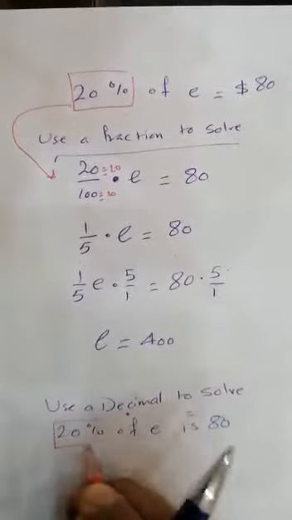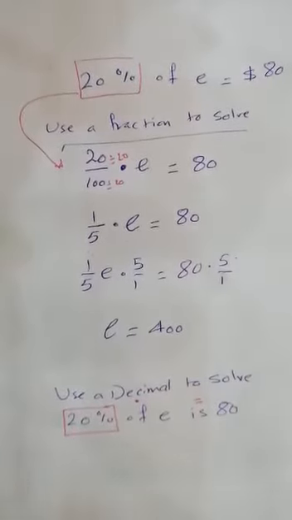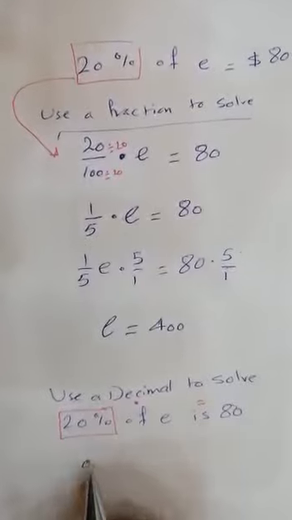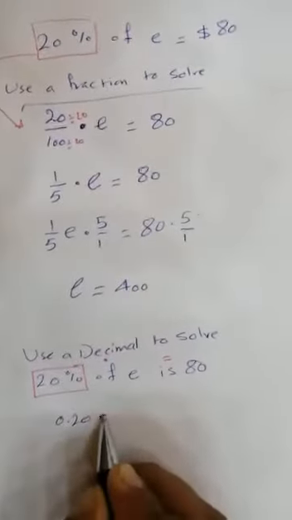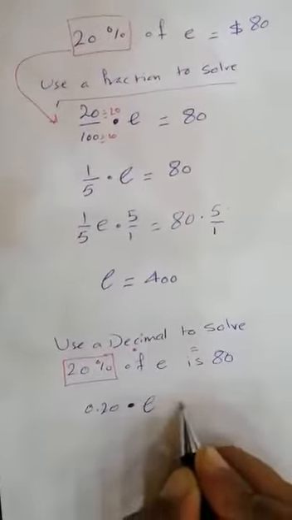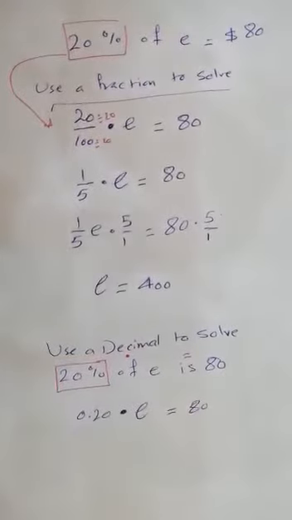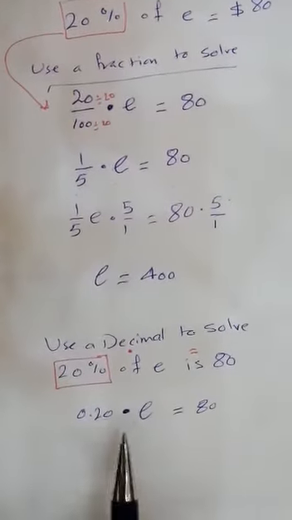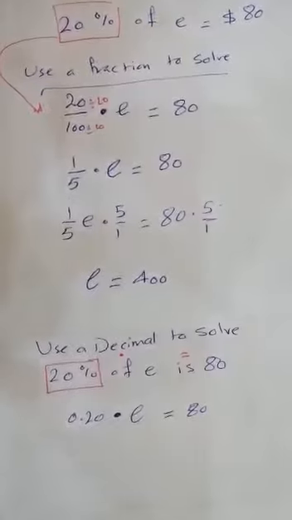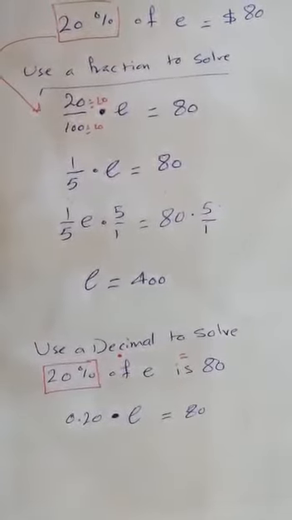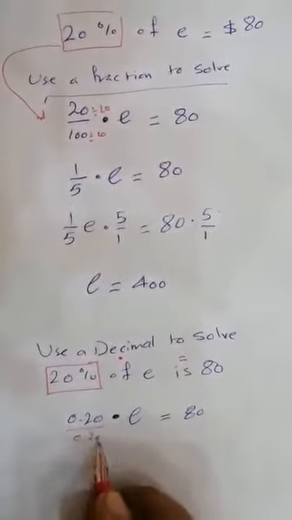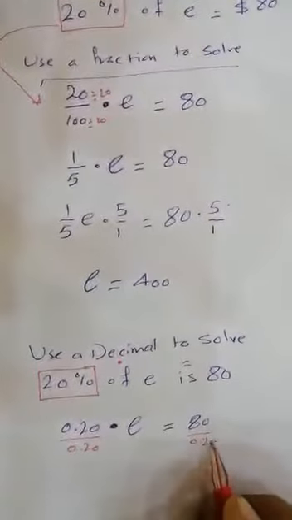Now we want to write the percent as a decimal. The 20% as a decimal is 0.20 of multiply E equals 80. When we talk about the equation, when we have multiplication with a variable, what's the opposite of multiply? Divide. Then we divide both sides by 0.20.